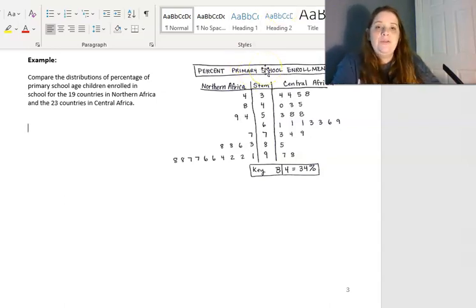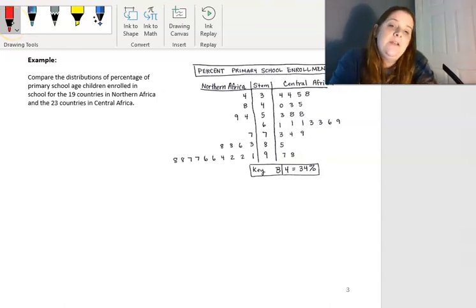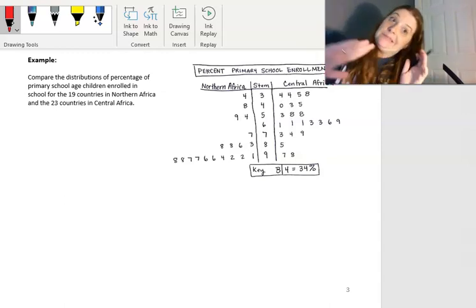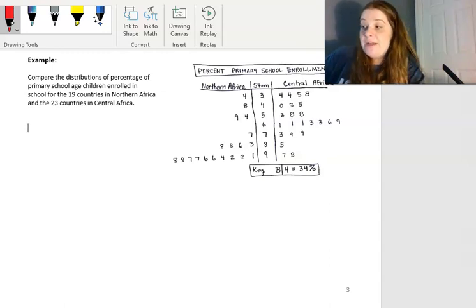So I like to do a little plan before. I like to kind of plan out what I'm going to say. All right, so I'm going to look over here at Central Africa, and I'm going to make a plan about what I'm going to say about shape. So I'm going to tilt my head so that I'm looking at the shape. And to me, this looks unimodal with a peak in the 60% range.